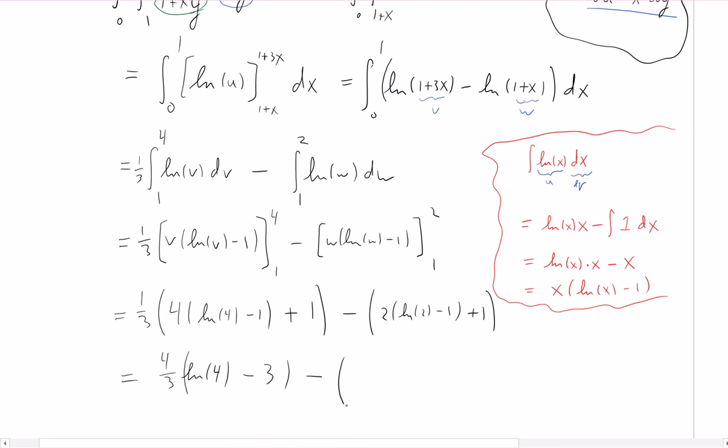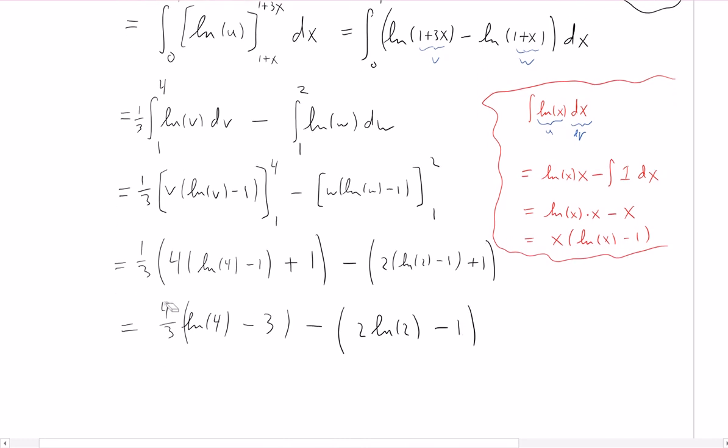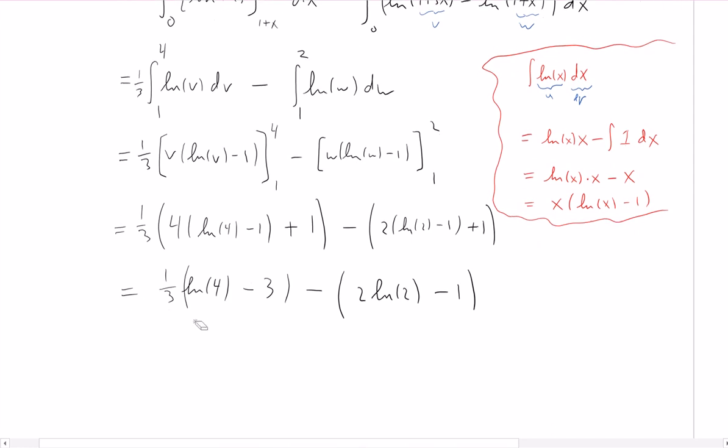Minus, now if we distribute, we have 2 log 2 minus 2, but then plus 1, so just minus 1. Oh, since I put the parentheses back, that should be a 1, not a 4. The 4 should be inside the parentheses.